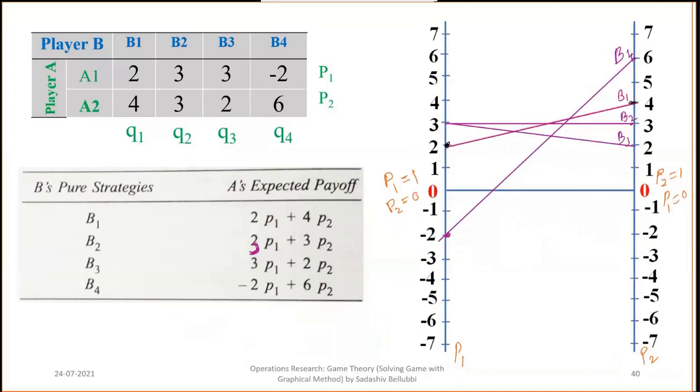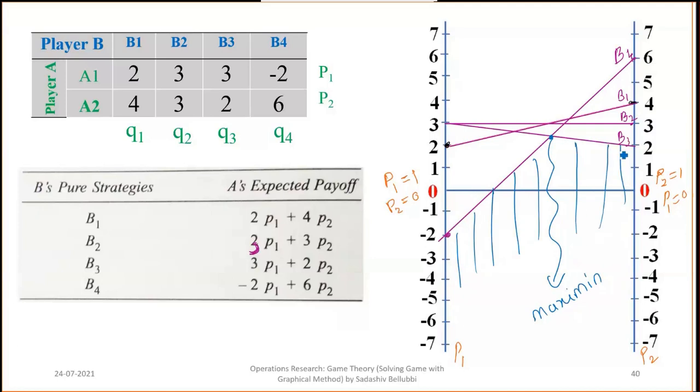Here, this is the maximin value, the maximum of minimum values. If you shine a torch here, the light will strike at these lines only. Here is one point, this is one point, and this is one point.